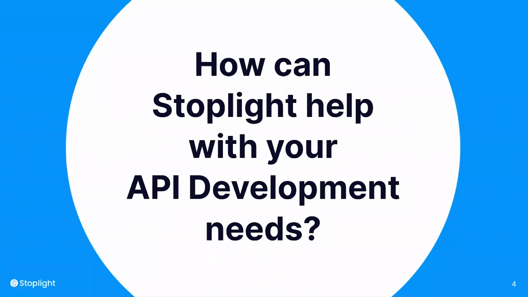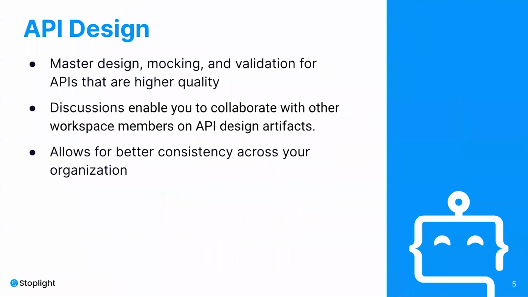So let's take a quick look at the key features of Stoplight that can help you and your organization enhance your API development processes. Stoplight's API design features allow you to develop quality APIs with a collaborative approach to an API design-first philosophy.